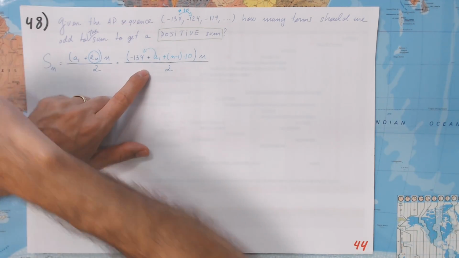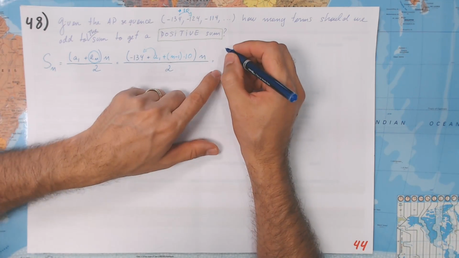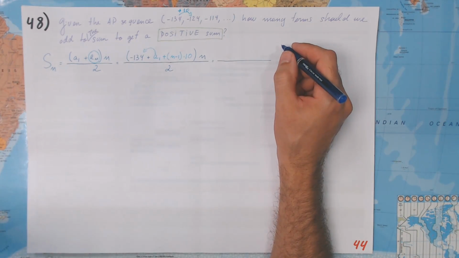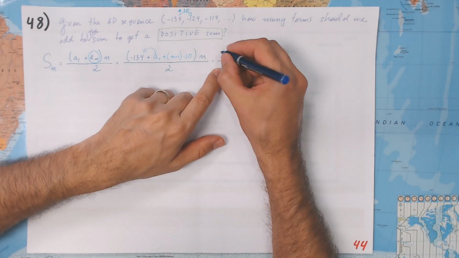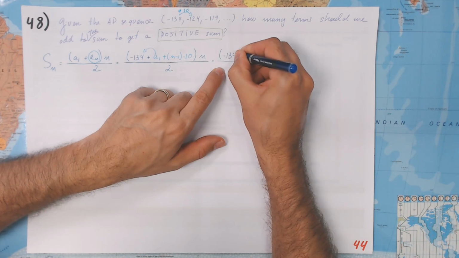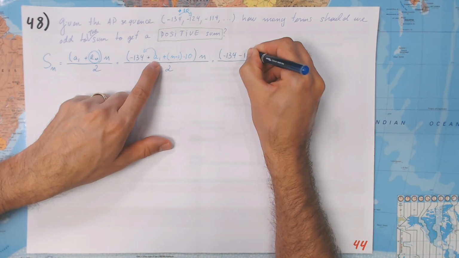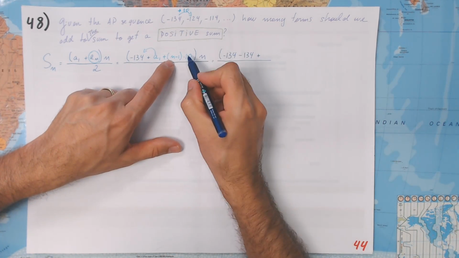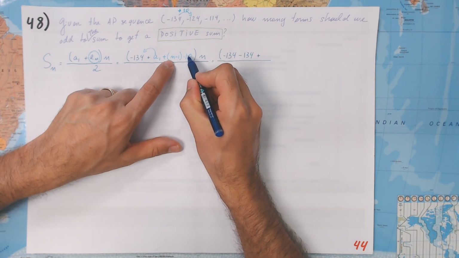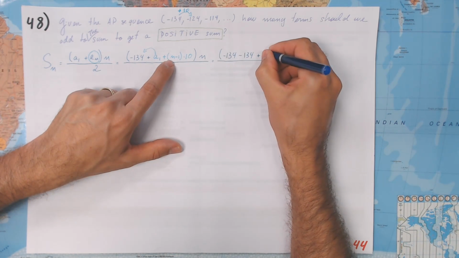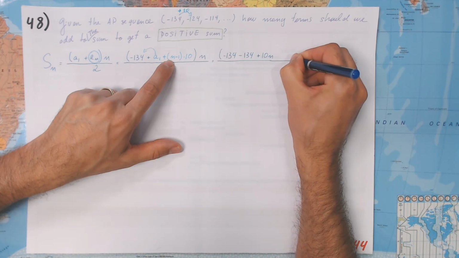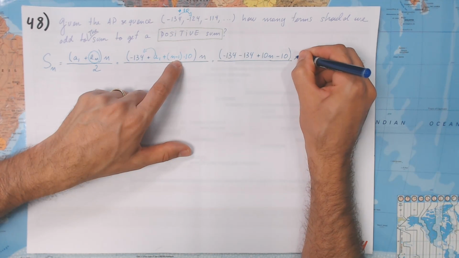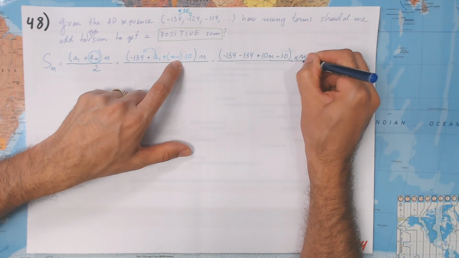Let's substitute. So our summation is getting better, right? We are getting rid of those variables. Now it's going to be minus 134 minus 134 plus, I'm going to apply the distributive property, 10n minus 10, multiplied by n divided by 2.